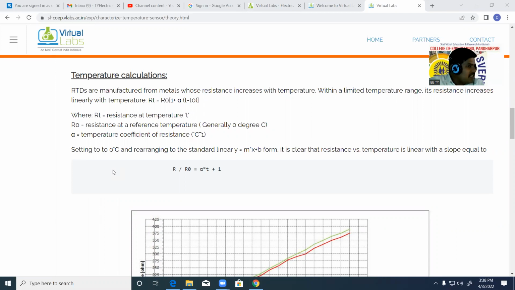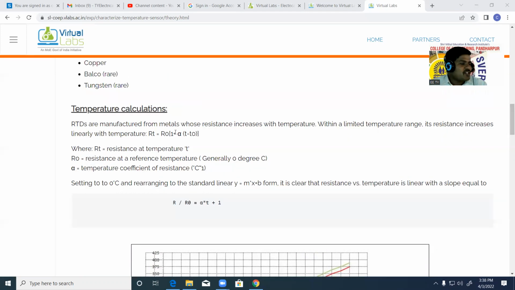Within a limited, specific temperature range, its resistance increases linearly with temperature, which means it will give linear characteristics.